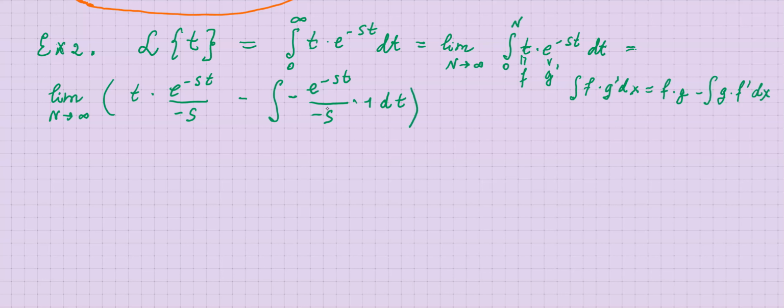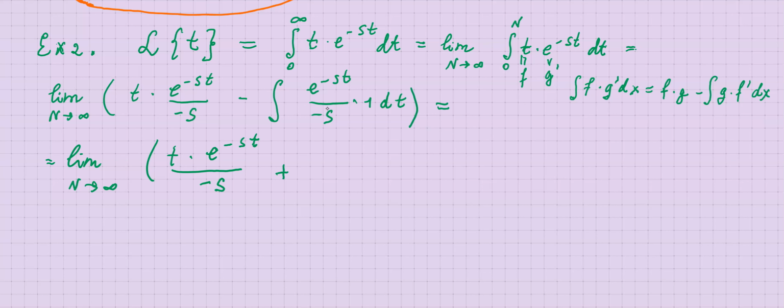This is just a plain exponential function, very easy to integrate. I'm going to write down the limit, n approaches infinity, and over here t e to the power of negative st over negative s. And here I have so many minuses. I think this minus is unnecessary because it comes instead of this one, so I'm going to erase it. These two minuses are going to give me a plus, so I'll put plus here.